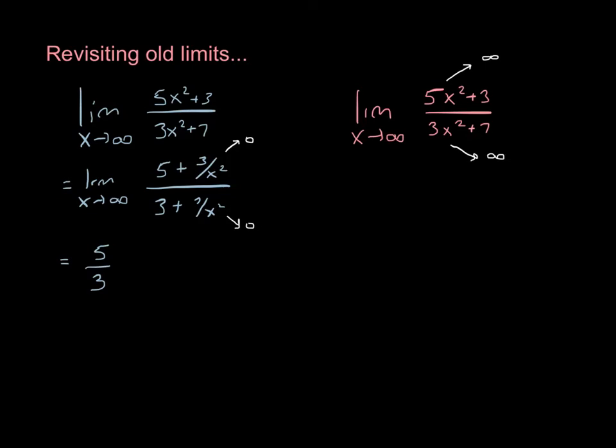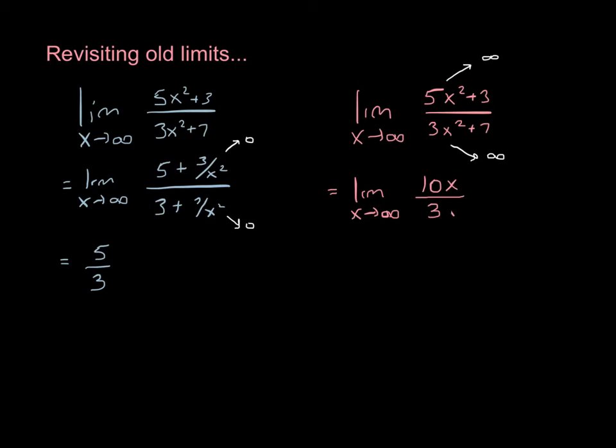So this limit here is of an indeterminate form, infinity over infinity. When that happens, we can use L'Hopital's rule, which says that we can take the limit by finding the derivative of the numerator over the derivative of the denominator.